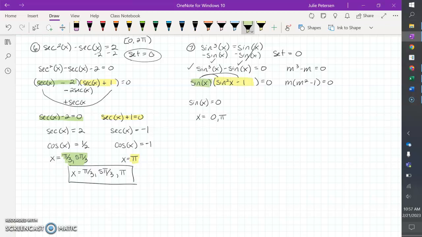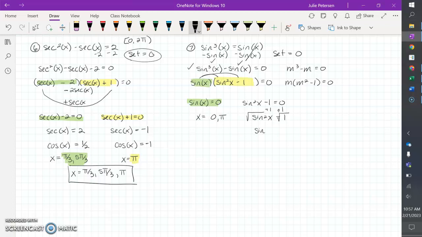So that was easy. The next one, we're going to have to do a little bit more math to get that done. So I'm going to take sine squared of x minus 1 equals 0. And then we're going to go ahead and add that 1 over. So I get sine squared of x equals 1. And then to get rid of the squared, we'll square root it.